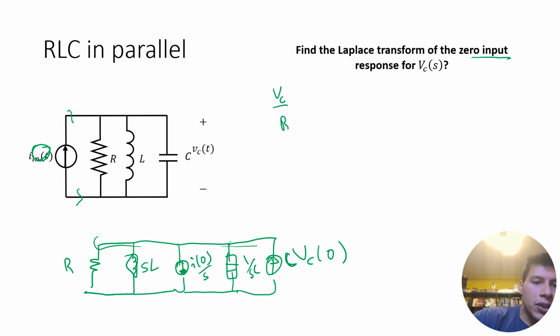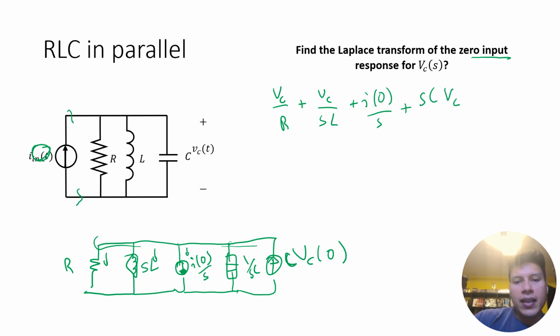VC over R, which would be a current going this way, plus VC over sL, which would be a current coming this way, plus I0 over s, plus sC VC, which is the current going through this branch. So 1 over (1 over sC) is just sC, and then minus C VC sub 0 equals 0.